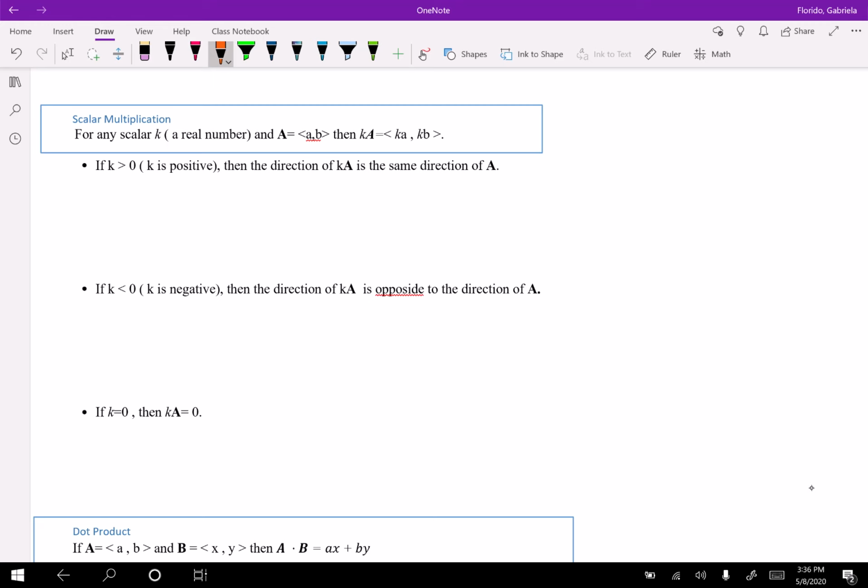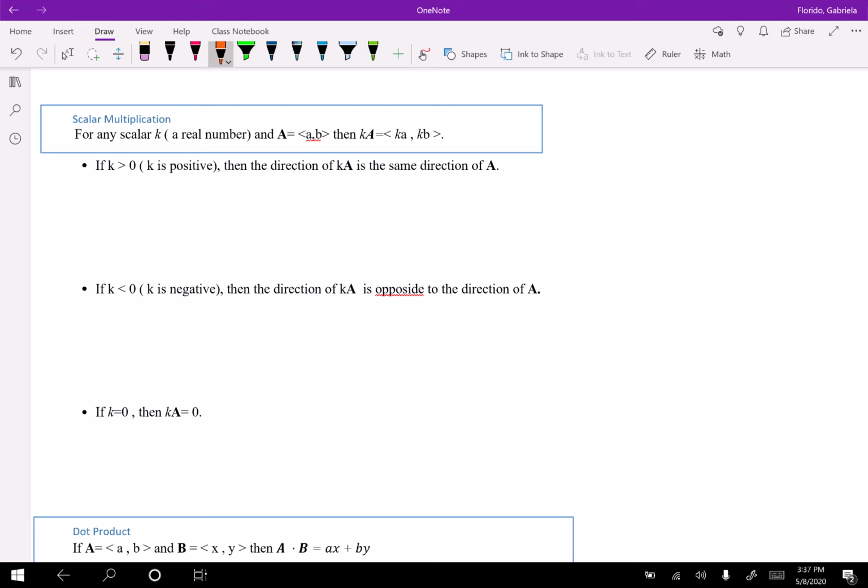It's going to affect it by multiplying each of its components by k. Our original vector was (a, b), and now the vector has become (ka, kb).